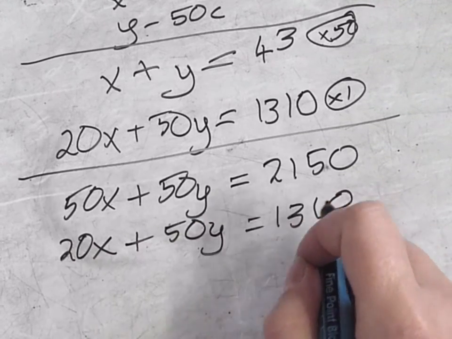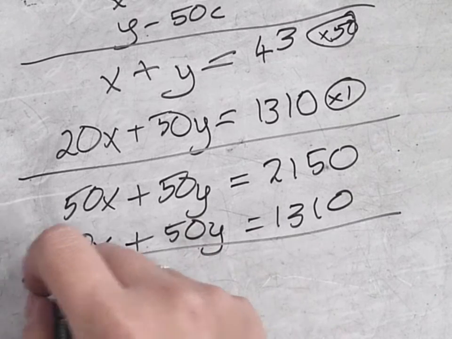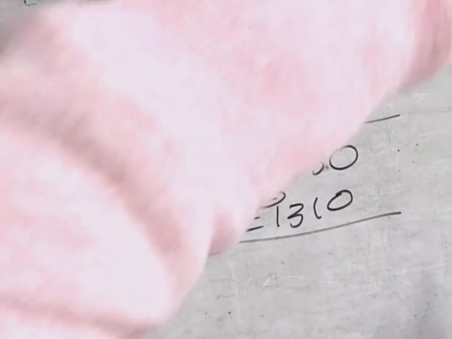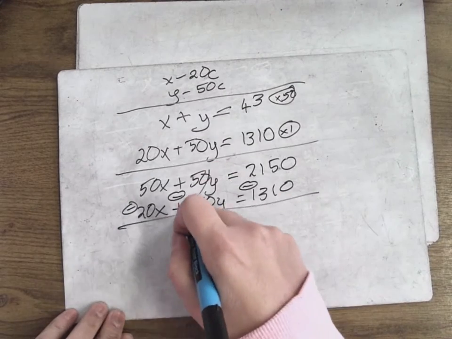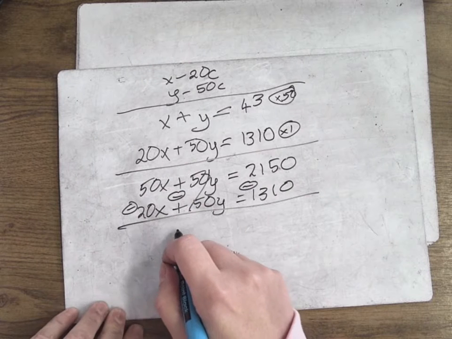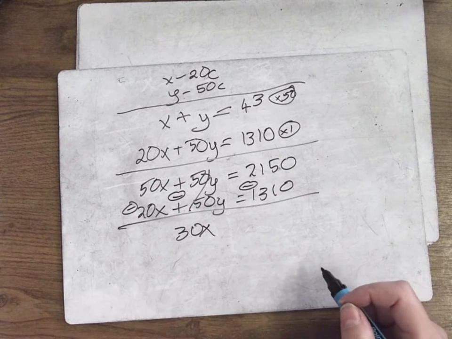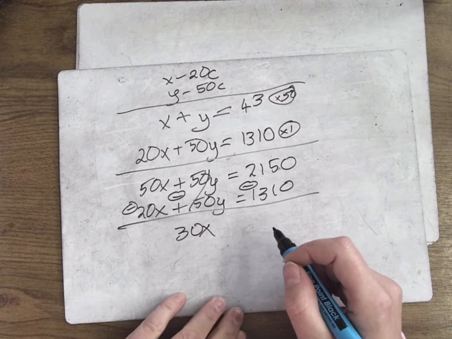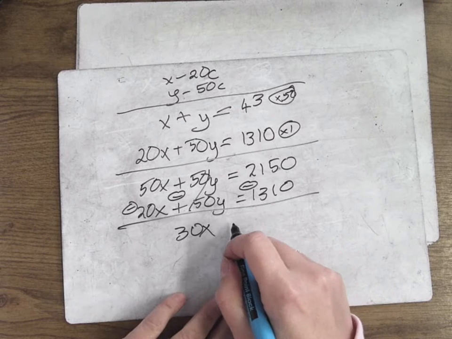Right, then you have to change the signs because they're both pluses, so that becomes a minus, that becomes a minus, that becomes a minus. And they cancel. 50x take away 20x is 30x. 2,150 take away 1,310 is a lot. 690, is it? 690, 790, 840.